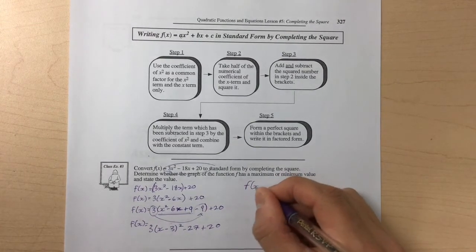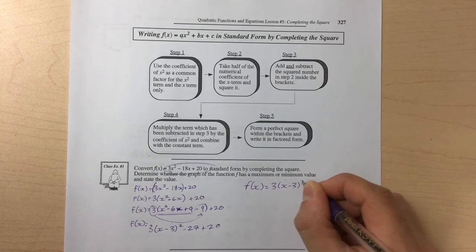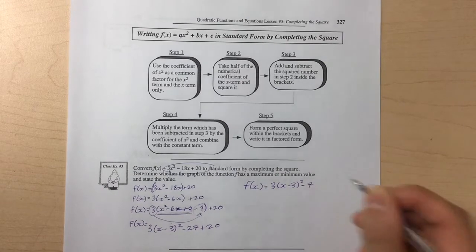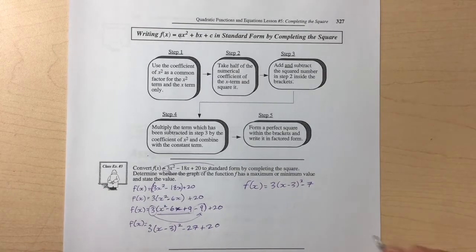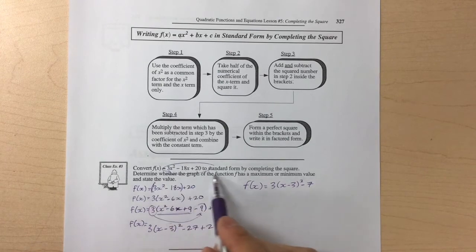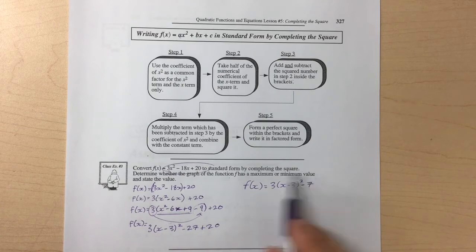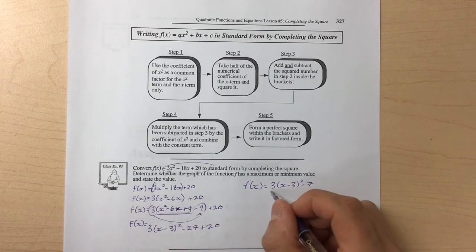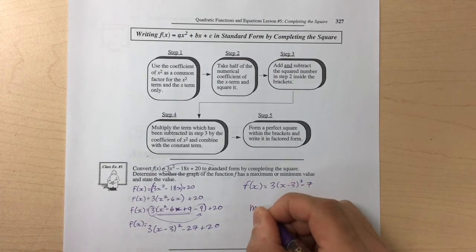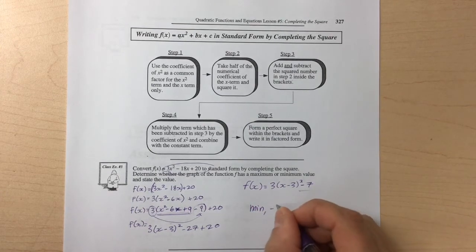So f of x is equal to 3 times x minus 3 squared minus 7. Now, our minimum value, so determine whether the graph of the function has a maximum or minimum value and state the value. So since this is opening upwards, it has a minimum value and it has a minimum value equal to negative 7.